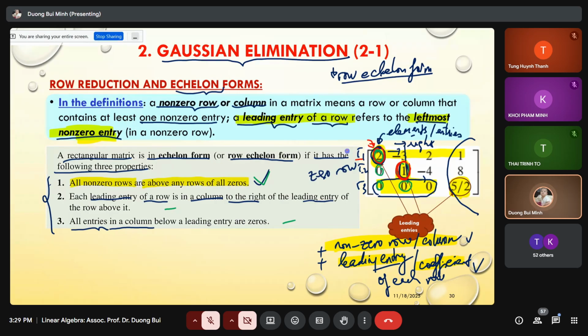If here is the leading entry of row 1, then the leading entry of row 2 should be at the right side of row 1, and the leading entry of row 3 should be to the right side of the leading entry of row 2. I hope you understand. You understand?